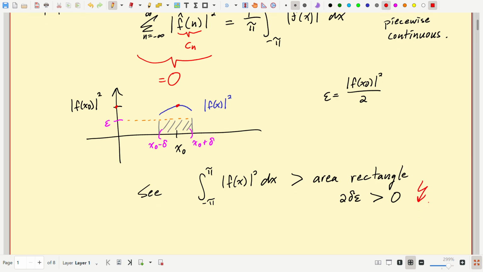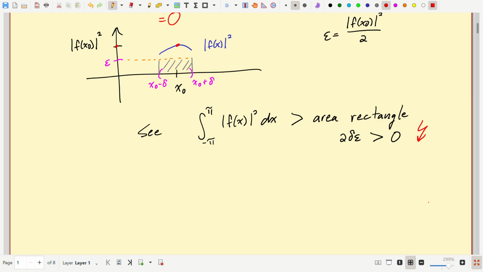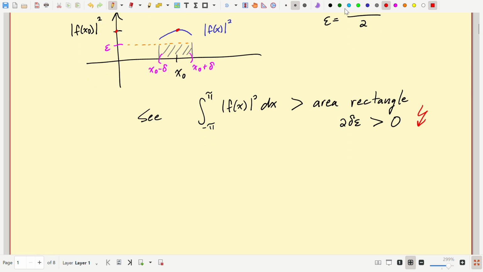So f is a pretty stupid function. A piecewise continuous function that's 0 wherever it's continuous would look like this: here's minus π, here's plus π, and there'd be finitely many spots where the function maybe isn't 0.